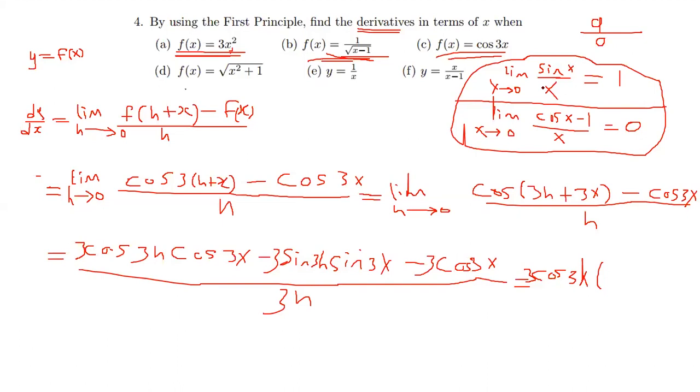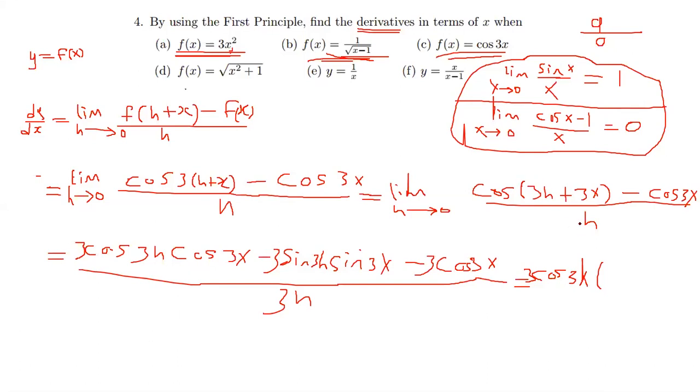If the angle is x, the denominator is also supposed to be x. Now in these expressions, the angle is 3x, we have the angle 3h, but the denominator there is h.